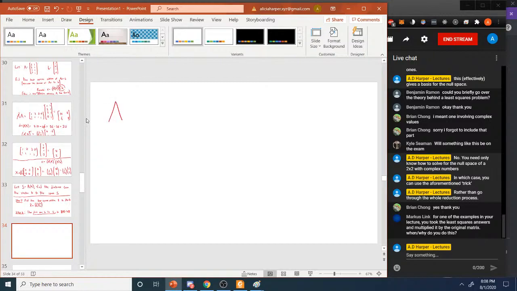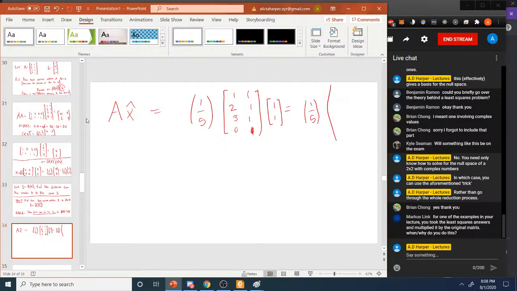So A times X hat is going to be the same thing as 1/5 times the matrix 1, 2, 3, 0, 1, 1, 1, 1, multiplied through by the vector 1, 1, which is going to give, or sorry, there should be a 1 down here, which is going to give me 1/5 times 2 here, 3 here, 4 here, and 1 here.